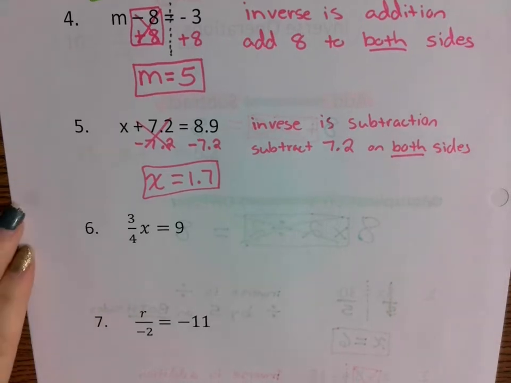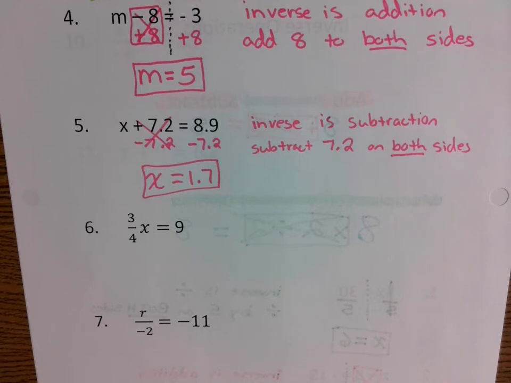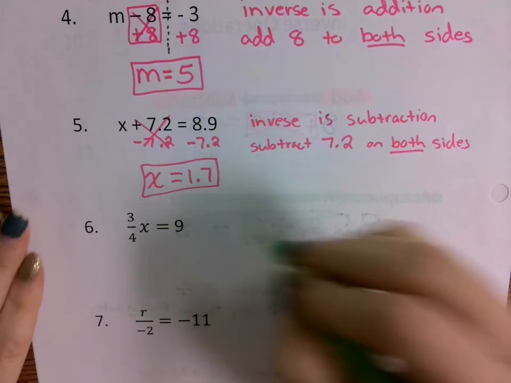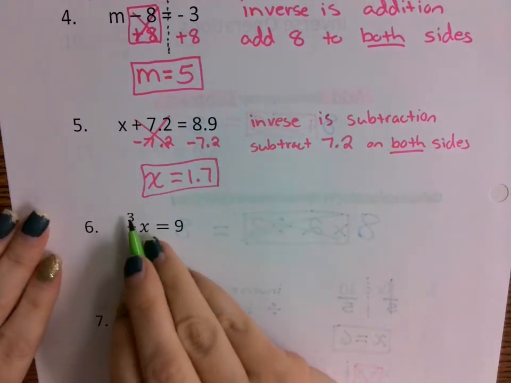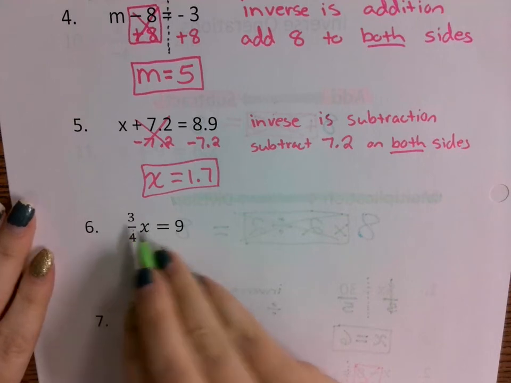Well, that's what I'm going to go over. Vincent and Chris, you're going to be able to get a piece of candy in just a little bit. Right now it says 3/4 x. That's multiplication currently.